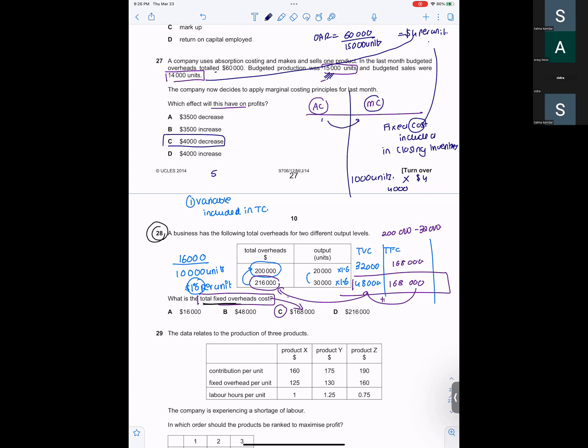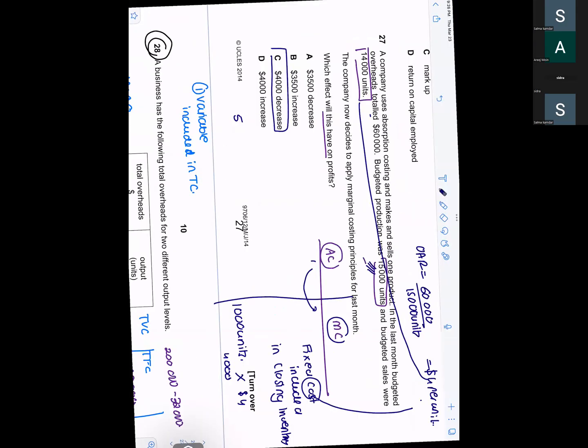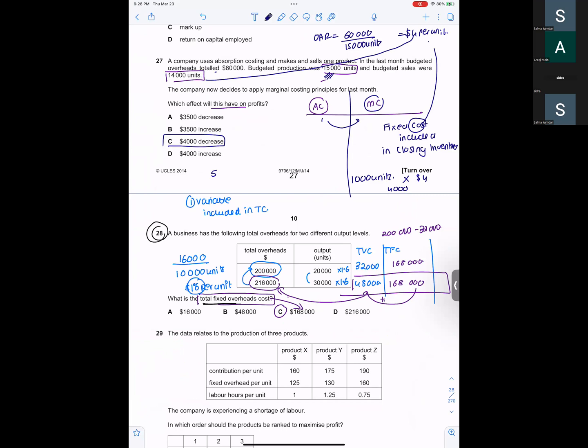In absorption costing you took the full 15,000, and in marginal costing only as per 14,000. Absorption costing takes the total into consideration, and marginal costing only the variable element. So in marginal costing, the profits will be less by 4,000.